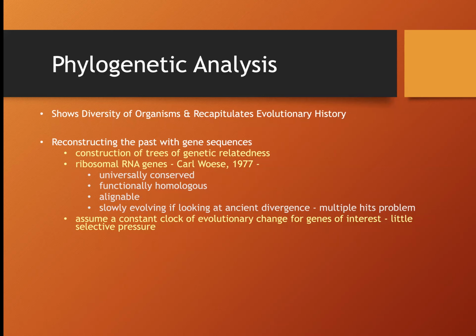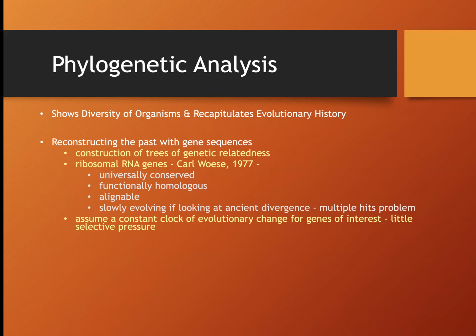And that is, if you have a mutation in one base and then you mutate it again and you mutate it again, you don't know what the ancestral base was. It could have gone from an A to a C, back to an A to a T, right?